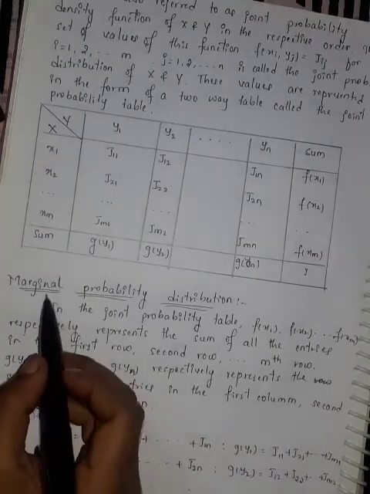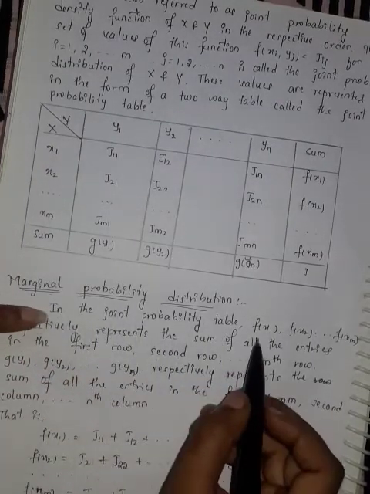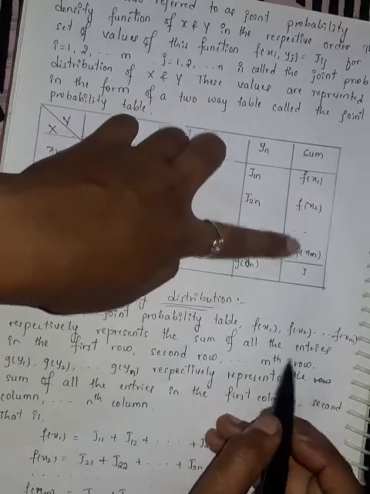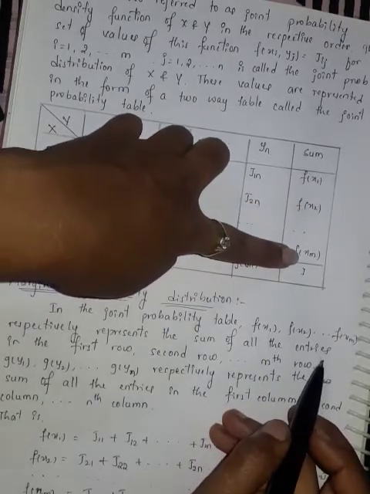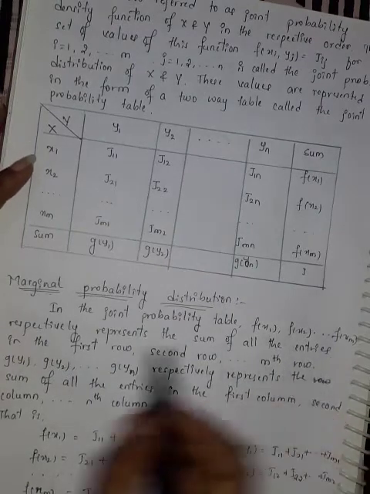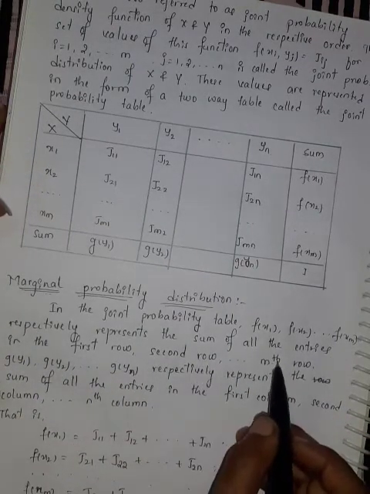So let us see what is marginal probability distribution. In this joint probability table, f(x1), f(x2) up to f(xm) respectively represent the sum of all entries in the first row, second row up to the mth row.